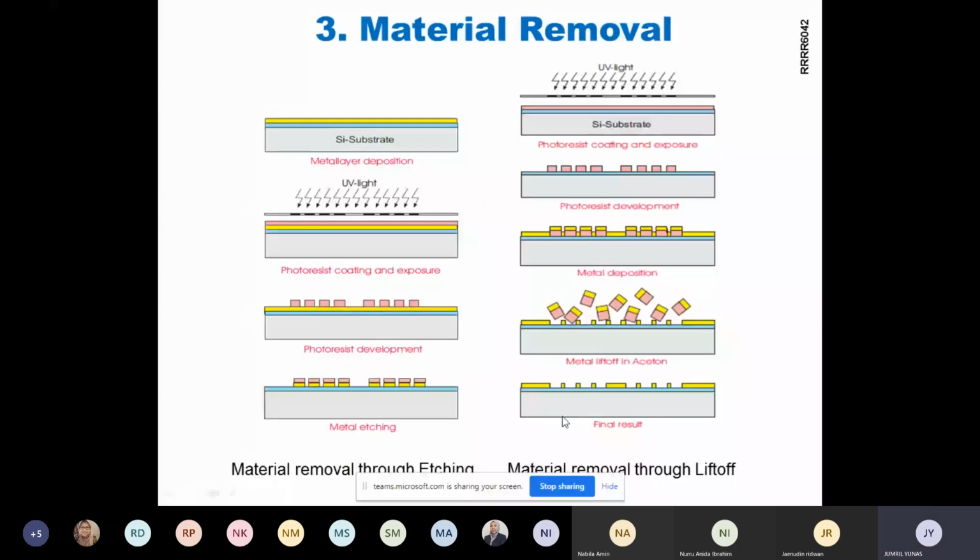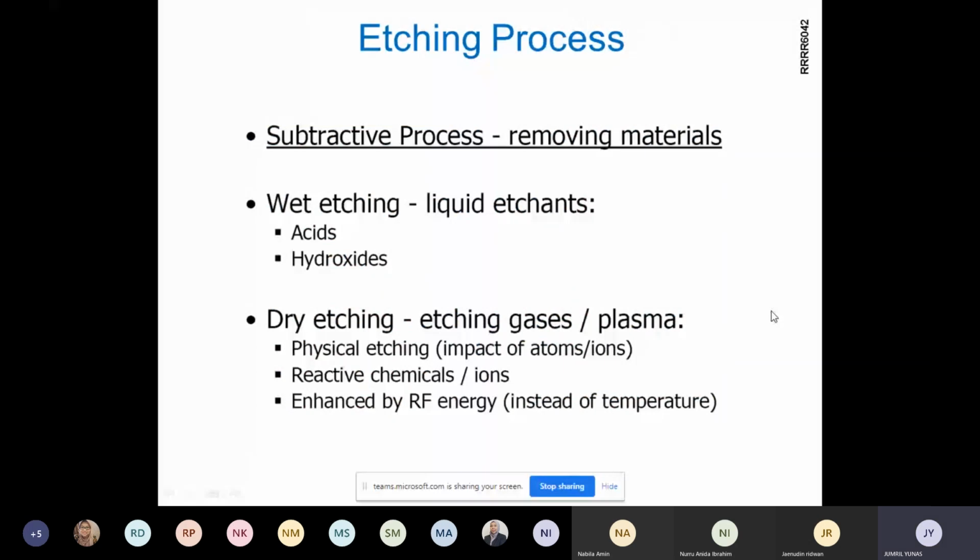I mentioned etching. So this is the etching process. The material removal can be done in several ways, such as etching, laser ablation, or lift off. Here we talk about the etching process.